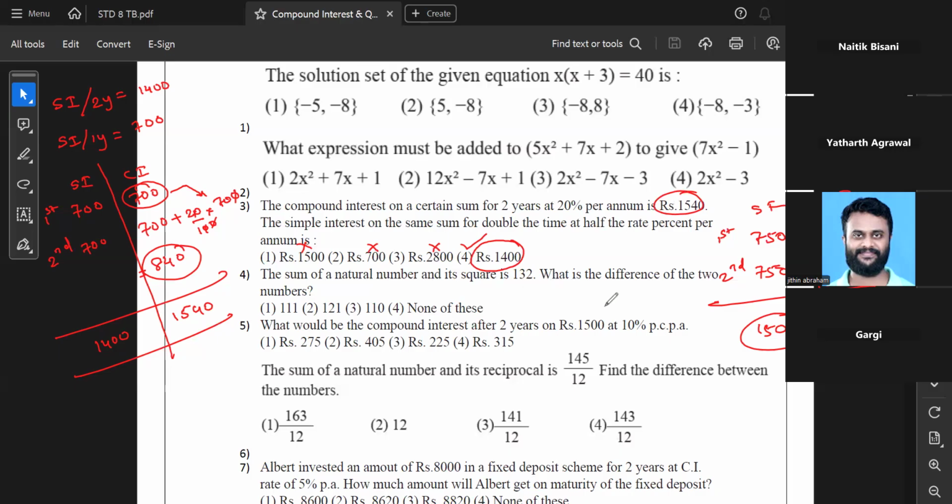Yeah, so this is a logical approach which I can give you. Now, definitely there is one more approach, the formula method, but this logical approach, if it is good, will do good for you. That's why I've given you.